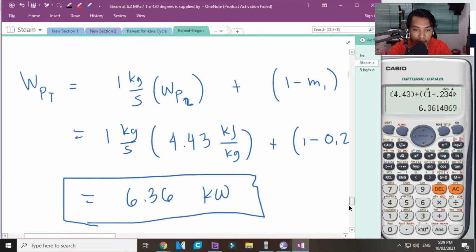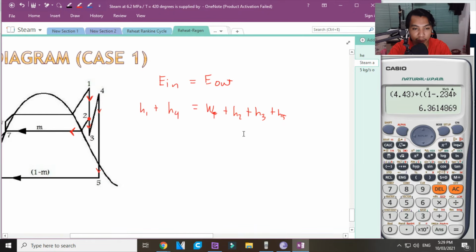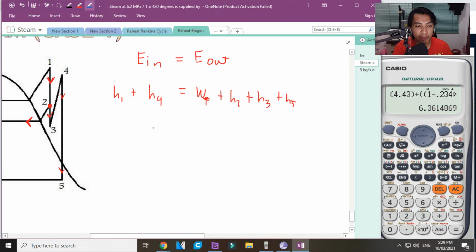Check natin para hindi tayo nagkakamali. Di ba? 1 and 4, 2, 3, and 5. So, therefore, the work of the turbine will be equal to H1 plus H4, minus H2 plus H3 plus H5.